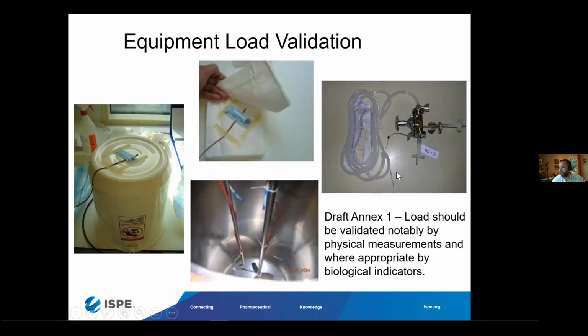But the expectation here is to have that thermocouple at the center of the tubing along with the biological indicator. And this is an expectation to show that you're achieving sterility at the worst case location. The draft EU Annex 1 specifically states physical measurement and biological measurement need to be demonstrated during the validation.